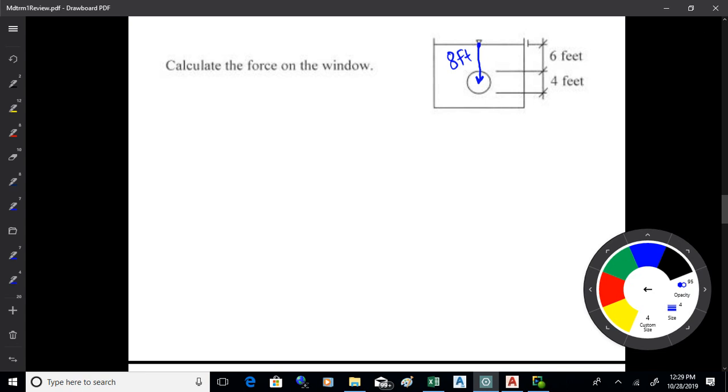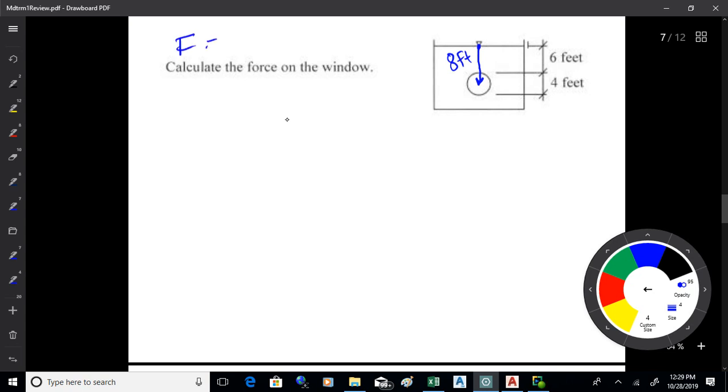So what I'm going to do here to find this force is take the pressure times the area. I can get the pressure, because I know I'm 8 feet down, and I know I've got 0.433 psi per foot.